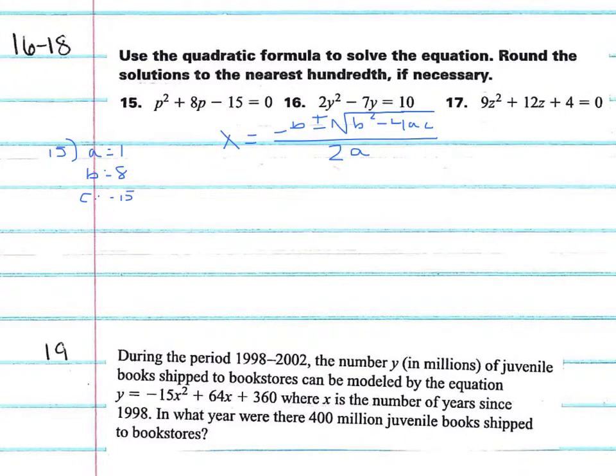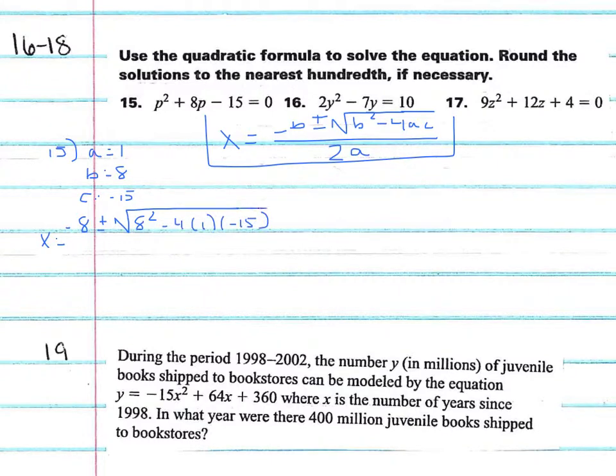And so we substitute those values into the quadratic formula, which is here. So x equals negative 8, plus or minus the square root of 8 squared minus 4 times 1 times negative 15, all of that divided by 2 times 1.